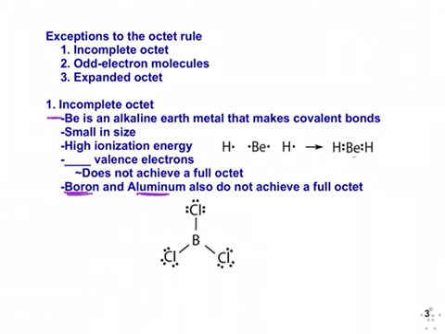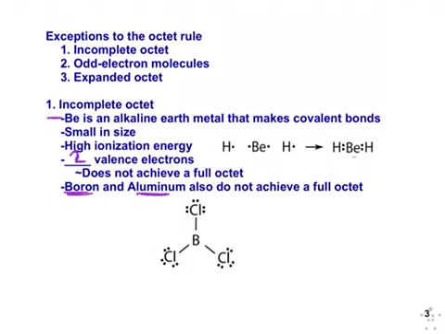It's a metal, but it makes covalent bonds. This is because it's very small, and it has a very high ionization energy, so it would take a lot of energy to remove any of its valence electrons. It has 2 valence electrons, and it cannot achieve a full octet.